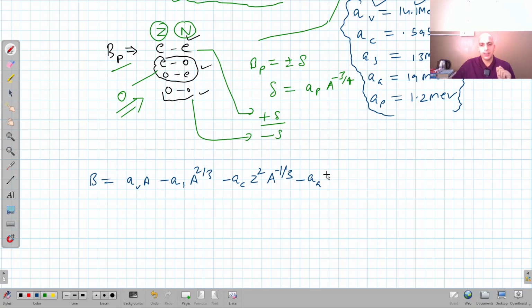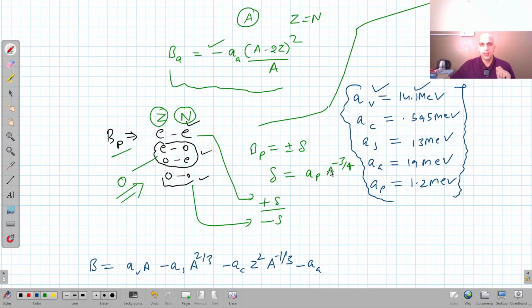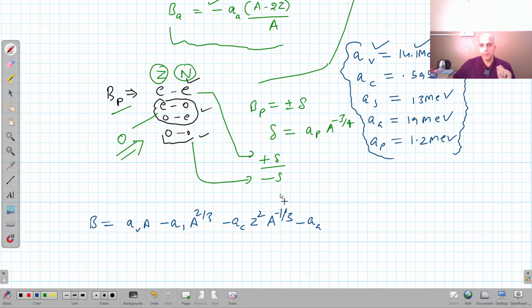What was the term? The term was (A − 2Z)² divided by A, then the next term is plus or minus delta, and delta I have written it here. So this is the expression for the binding energy.